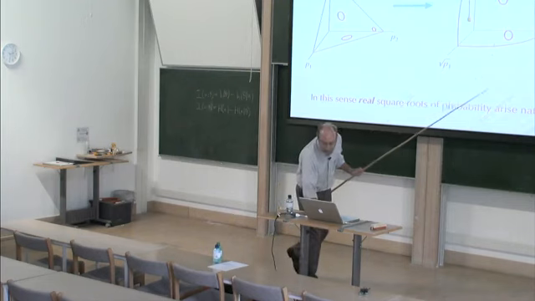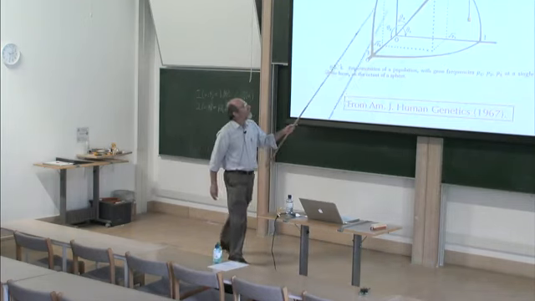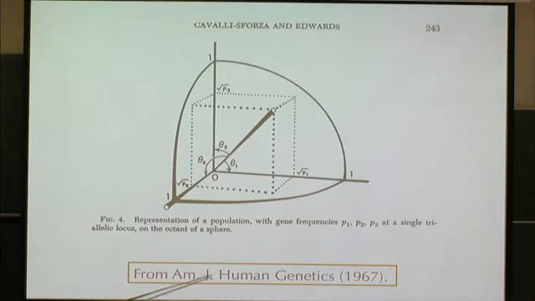People have known this for a long time, and this is a paper from the Journal of Human Genetics, where they found it convenient to use square roots of probability precisely for that reason.